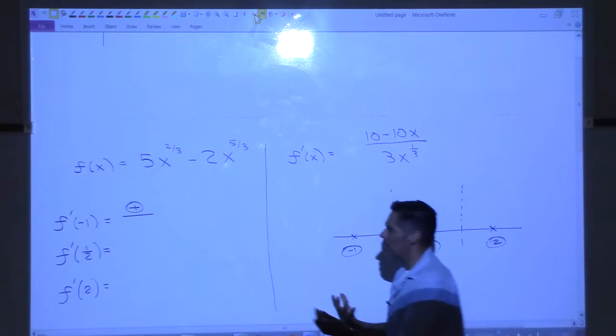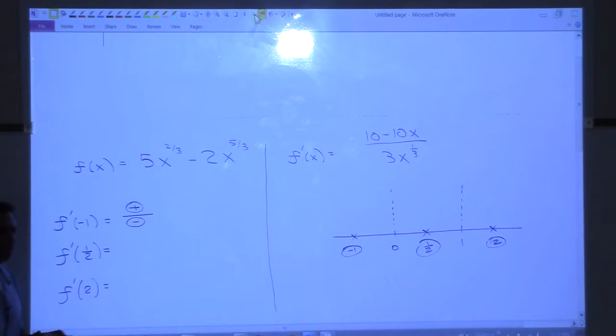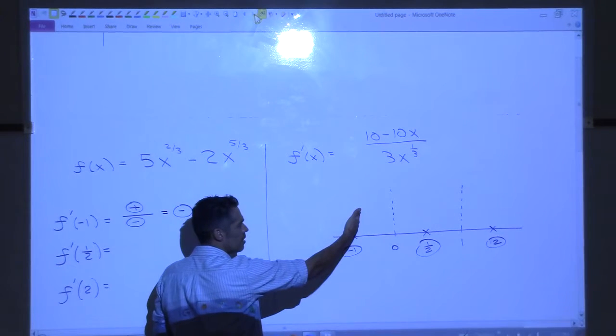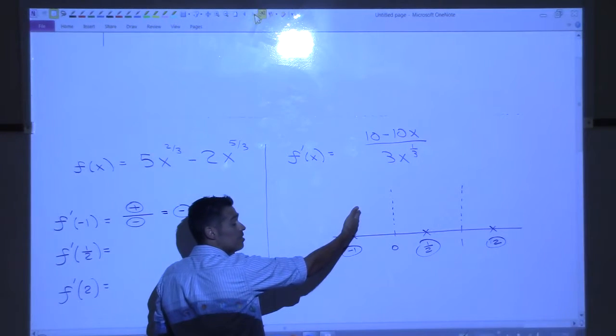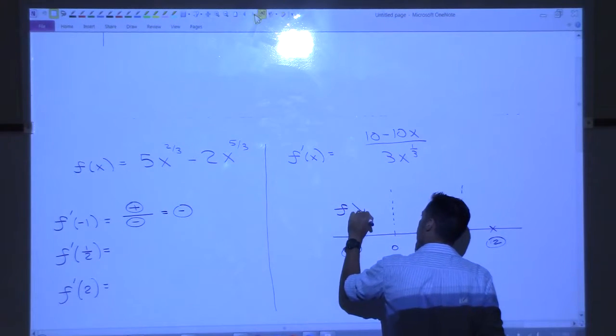I don't care about the actual value. I just care that I'm getting a ratio of a positive number over a negative number, and that's going to be negative. All right? So what does that tell me is happening over here? Our original function is going down, right? Our original function is decreasing over here.